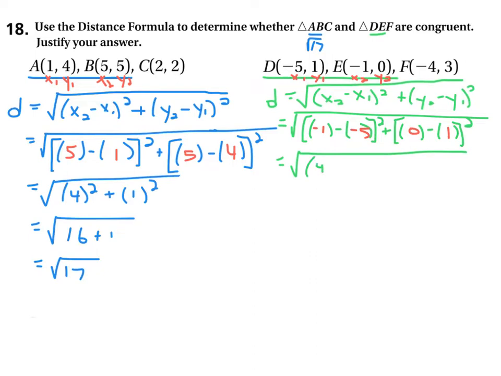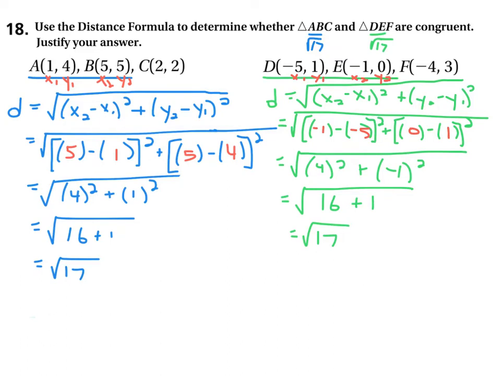So we've got 4 squared plus 0 minus 1, which is -1, squared. What we get then is the square root of 16 plus 1, or the square root of 17. Aha! For that first one, root 17, we've got the same length on both of them. Did you follow what I did there?